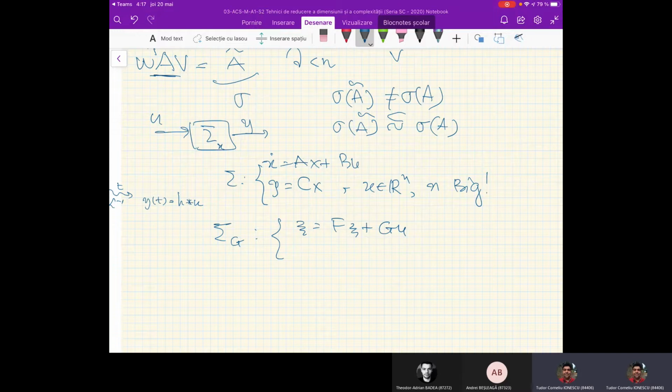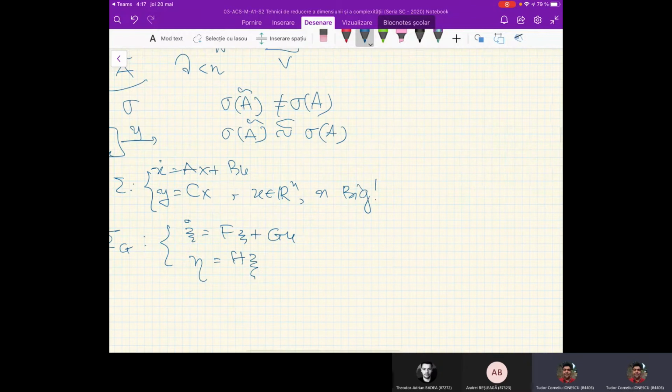This indicates that you parameterize this system in the matrix G. The output is not the same output; say the output eta equals H psi, with the state psi in the space R^ni, much smaller than n. This is what I'm interested in.